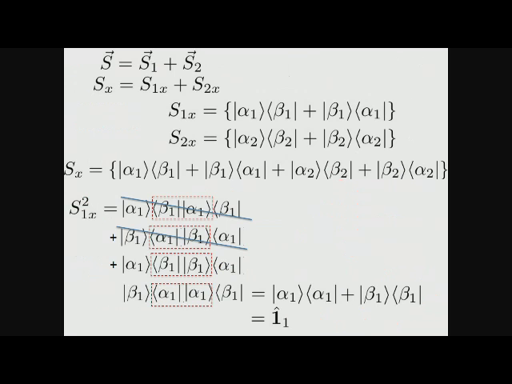The solution of this problem would take a little longer than we have here, but it is based on making the total operator of spin by adding together the spin of system 1 and the spin of system 2 as a vector summation, because each spin can be composed of three projections, x, y, and z for the first, x, y, and z for the second. One adds them together as a big operator, finds its matrix elements, and uses this operator to convert it into a matrix form.